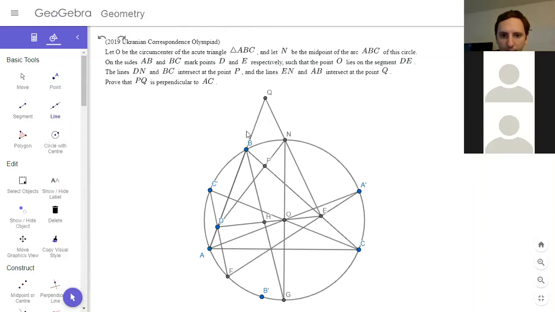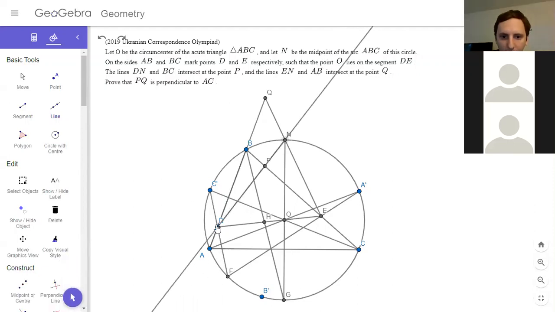So Q is AB. Like maybe I should extend NE to meet the circle again. So P. Yeah, like what if I did this?